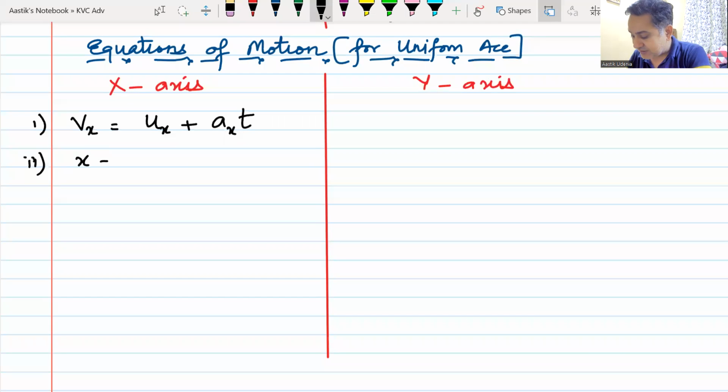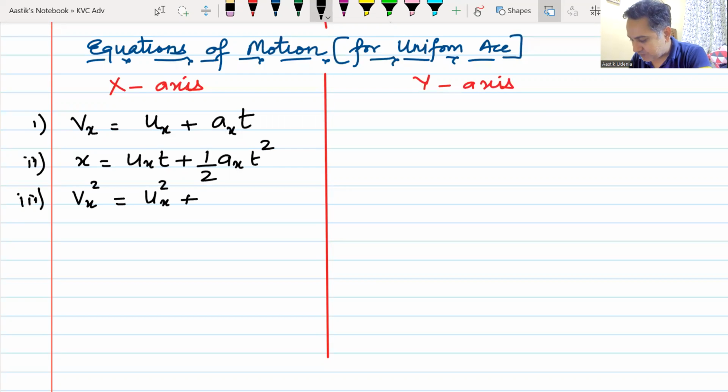I can write the position x as ux into t plus half ax into t square. The third equation can be written as vx square is equal to ux square plus 2 times ax multiplied by x.